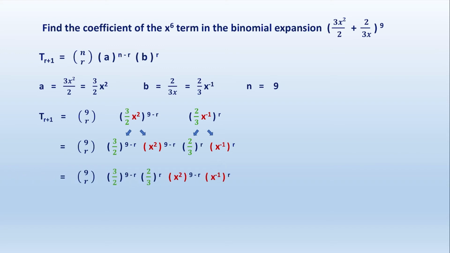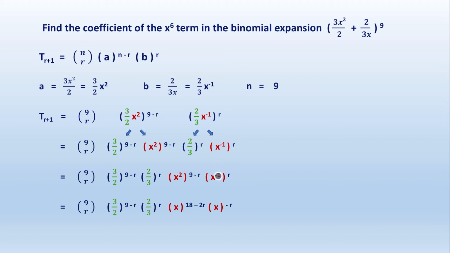In the next step, we then rearrange and put all the coefficient terms together. So we bring this (2/3) to the power of r to the front here, and we group the two x terms together. So (x squared) to the power of 9 minus r, we put it behind together with the term (x to the power of -1) to the power of r.